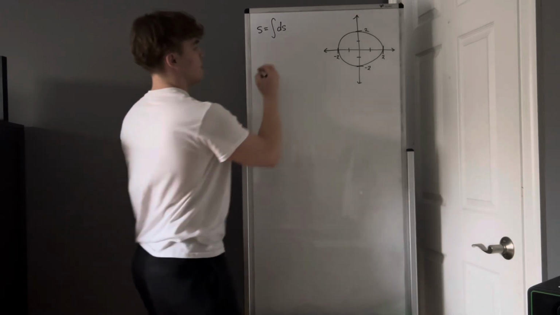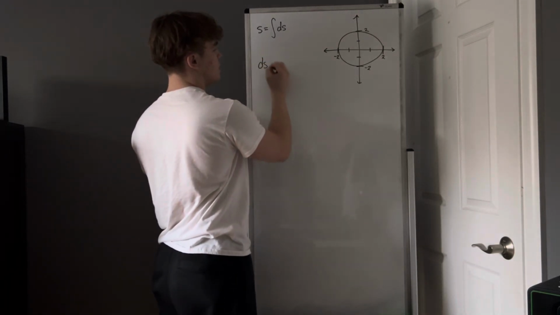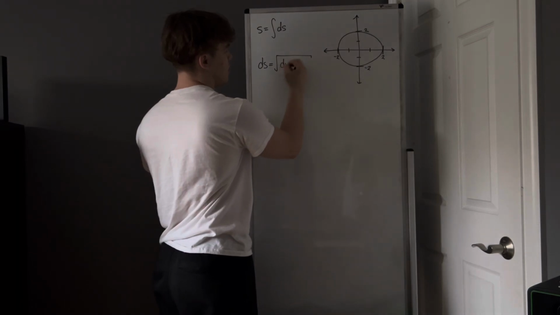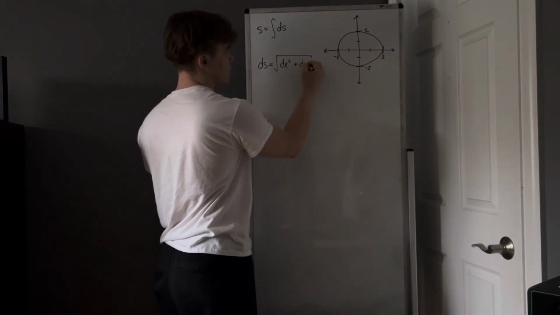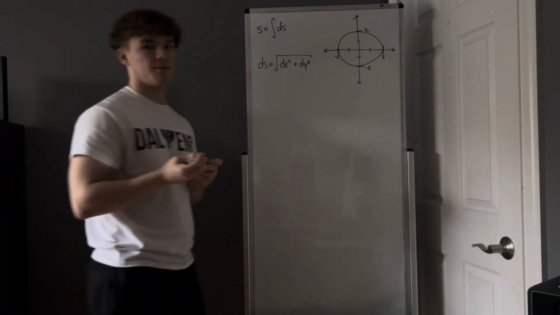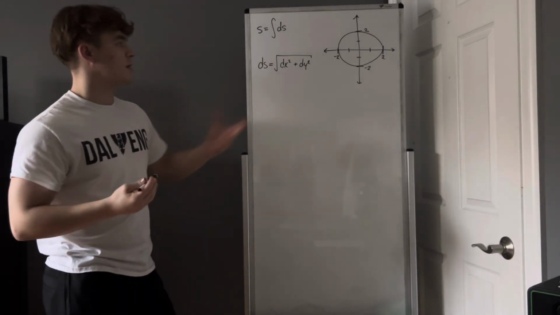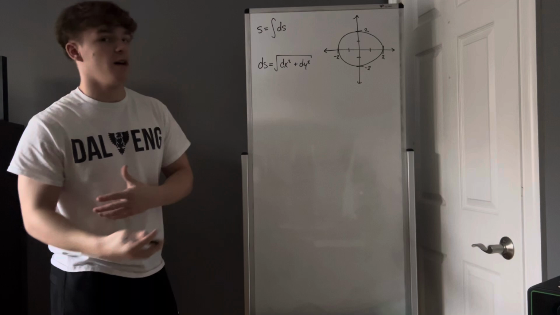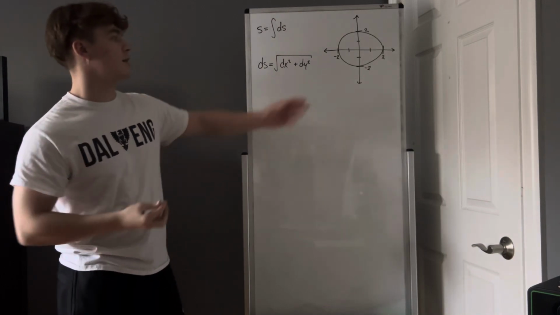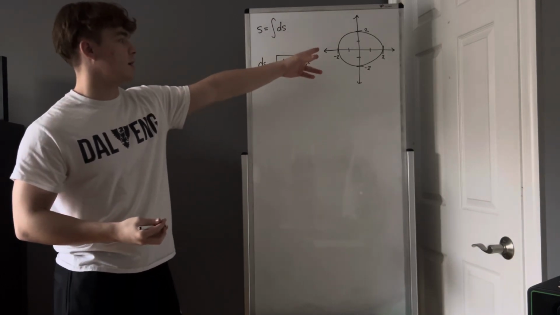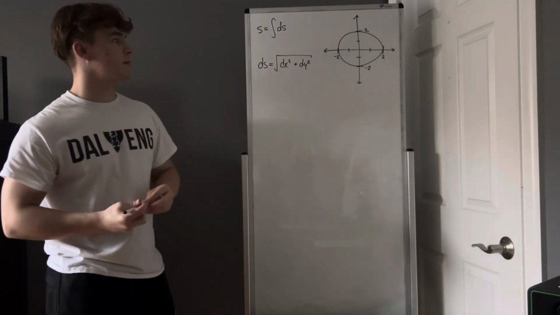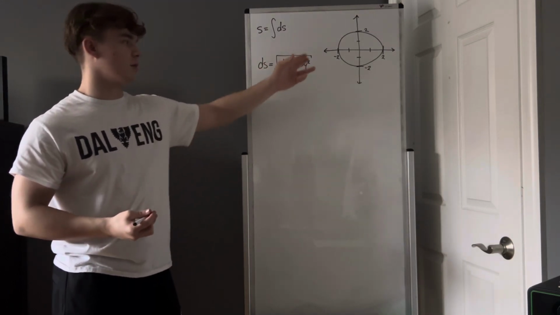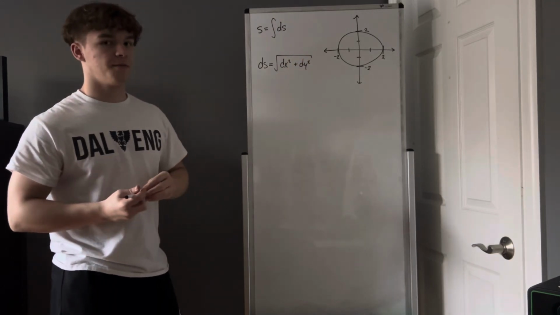And we derived that ds is root dx squared plus dy squared. But we said this can't be evaluated until we multiply by dx over dx. And so for that, we got the integral of root 1 plus dy over dx squared dx.